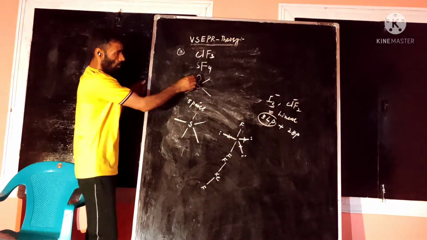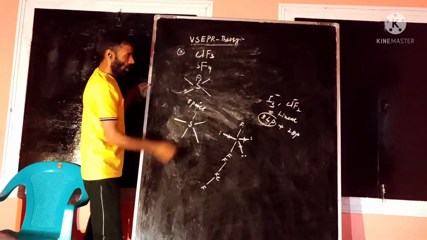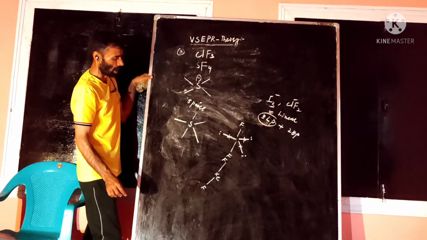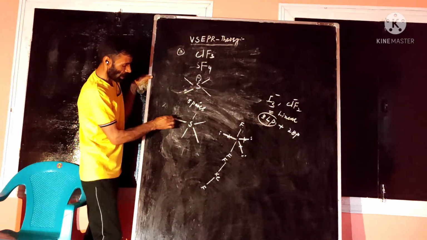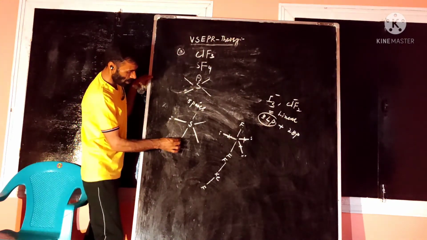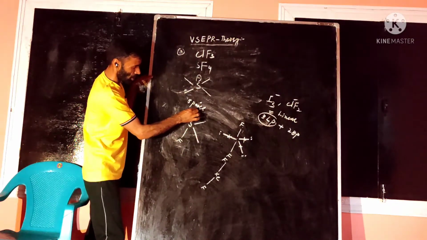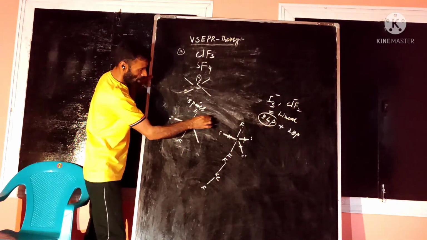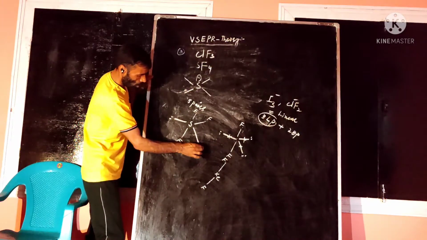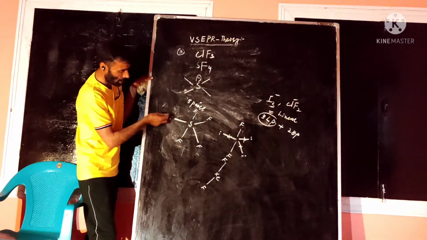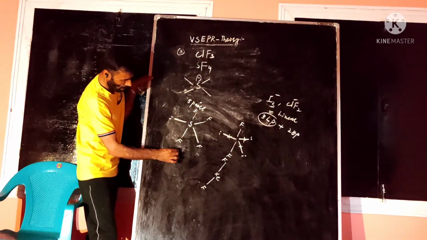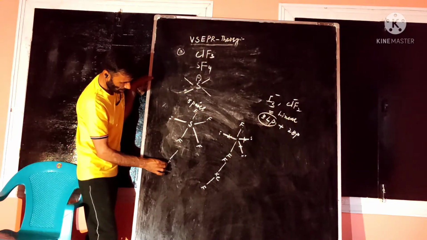Now we know we will keep the lone pair on an equatorial position, keeping the 4 bond pairs in the remaining positions. So overall, this one is omitted, this one discarded. After that, the shape will be just like this.